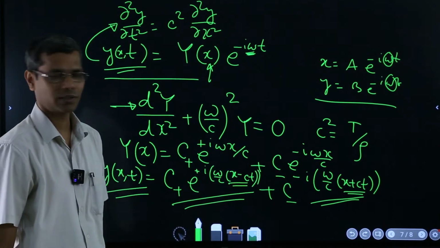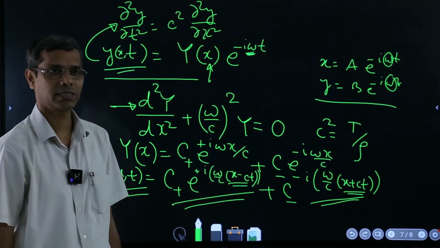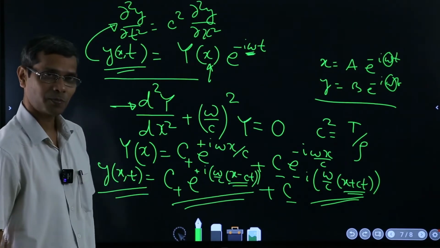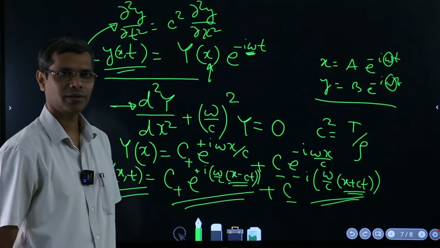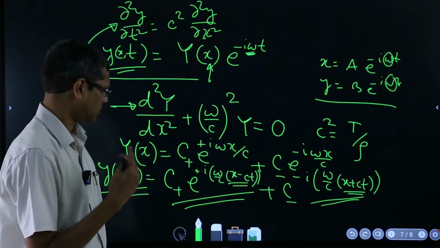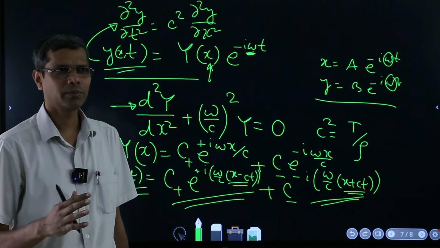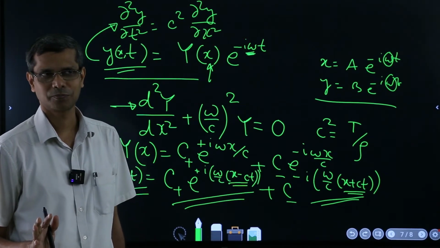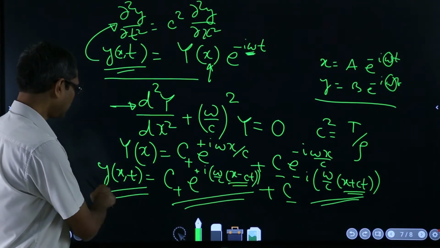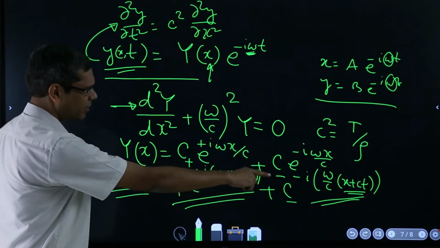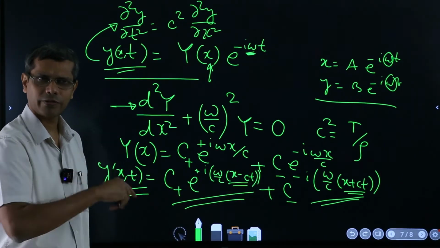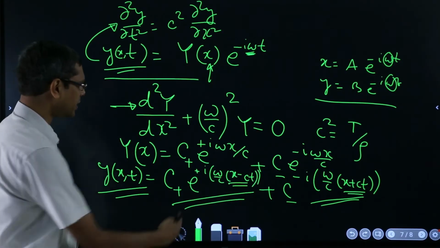If the argument is of that form, you know in which direction they are moving. And again, whenever you see a complex number, don't worry, finally the real part is what matters. Though this is represented by a complex number, the physical wave displacement will be the real part of this.